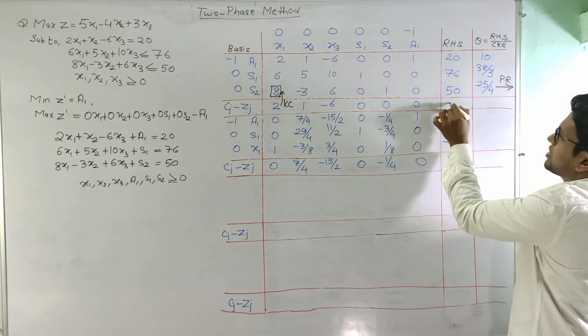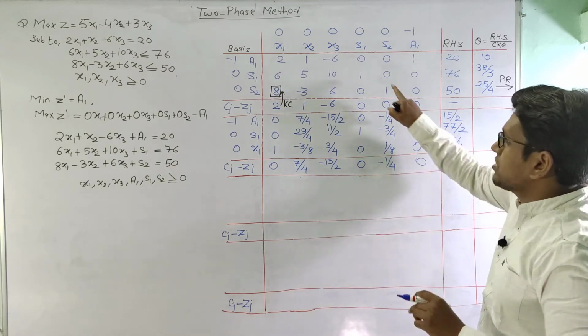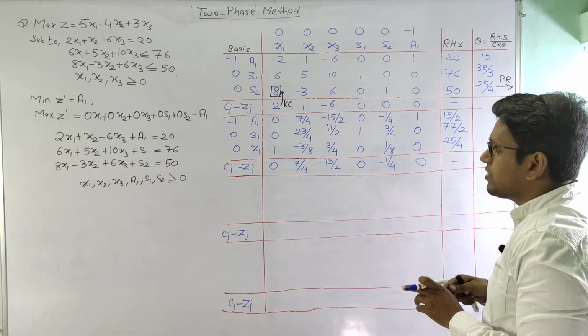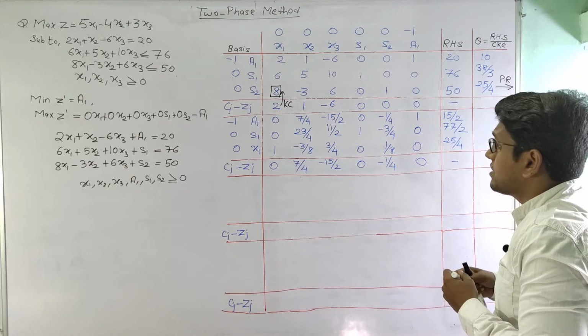I am not calculating the value of Z here because there is an artificial variable appearing in the matrix, so I have not calculated the value of Z in both the matrices.